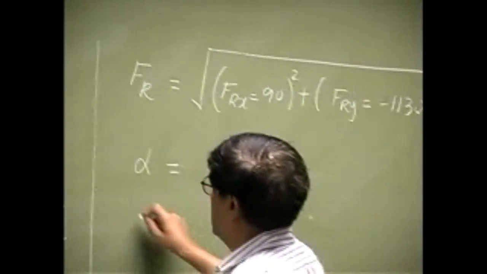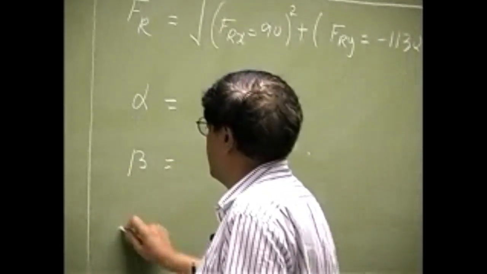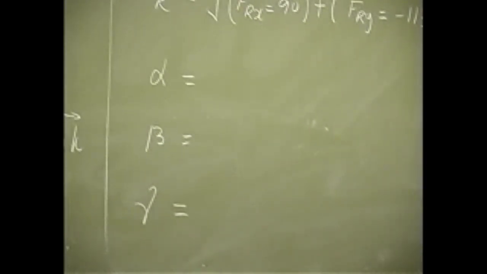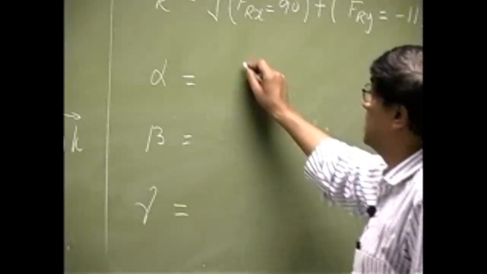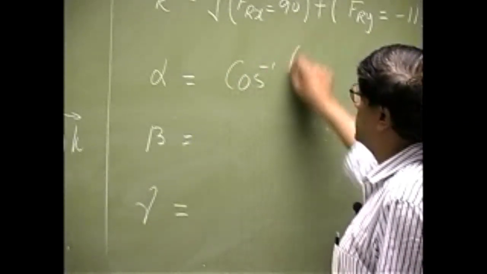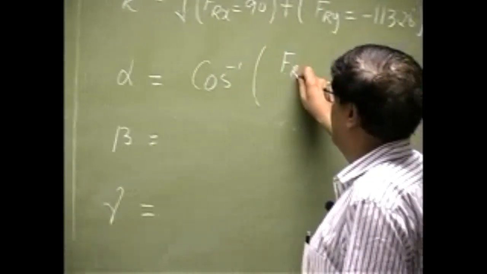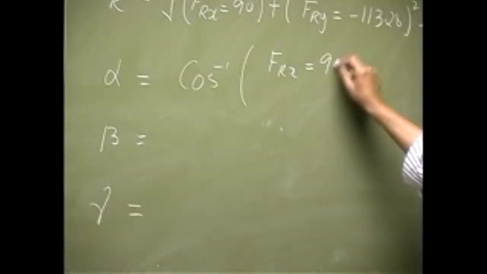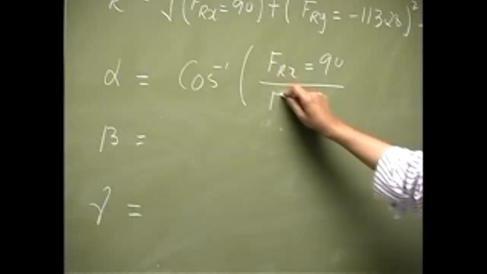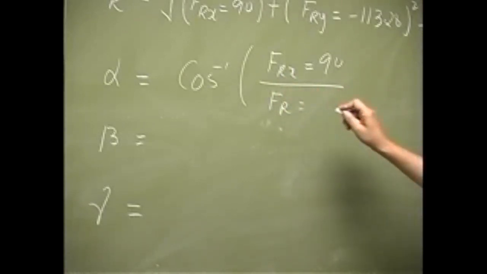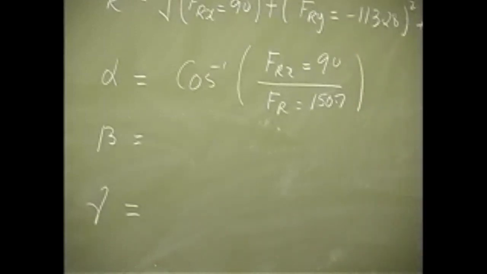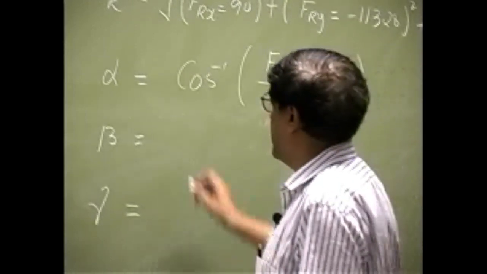Then you need the 3 angles to define its direction. Those angles are going to be alpha, beta, gamma. You get cosine inverse of FRx, that's 90, divided by the magnitude, which we just found as 150.7. That should give one angle.